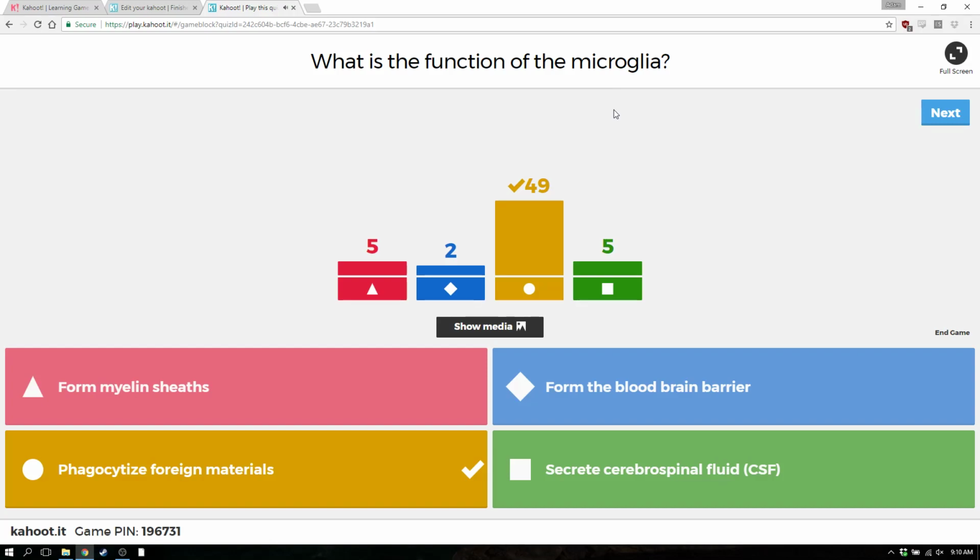So they will help get rid of foreign invaders, bacteria, waste products, things like that. What forms the myelin sheath? Oligodendrocytes, and also what else in the peripheral nervous system? Schwann cells, absolutely. What forms the blood-brain barrier? Astrocytes, good. How about secreting CSF? Ependymal cells, yep, perfect. Fantastic.